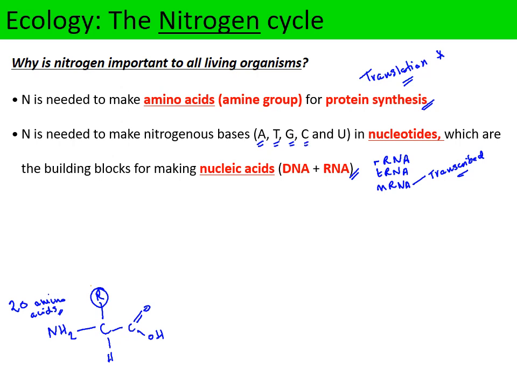The nucleotide might have adenine as its nitrogenous base, it might have thymine, it could have guanine, or it could have cytosine. Now we know RNA does not contain any thymine, but instead it will have uracil, which has a slightly different structure compared to thymine. So nucleotides we know need nitrogen to be able to be made, and that nitrogen is needed for the nitrogenous base. Nucleotides are the subunits or building blocks of nucleic acids.